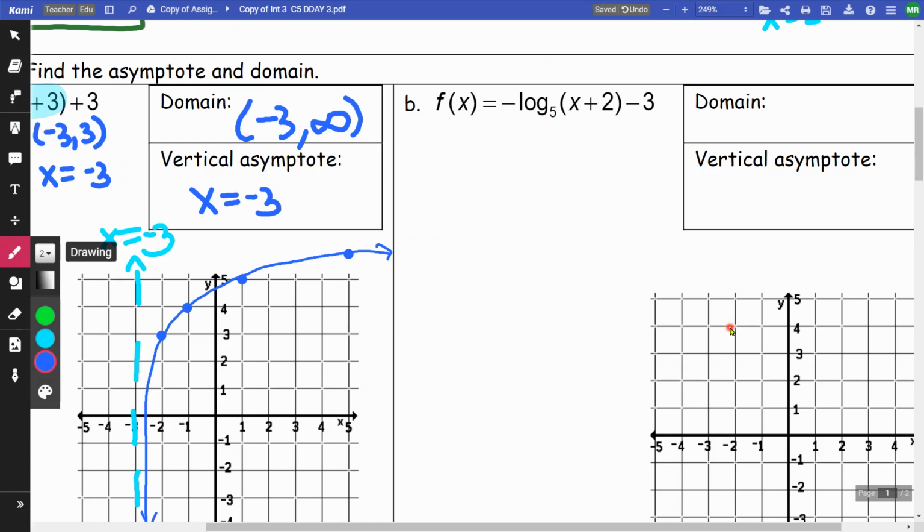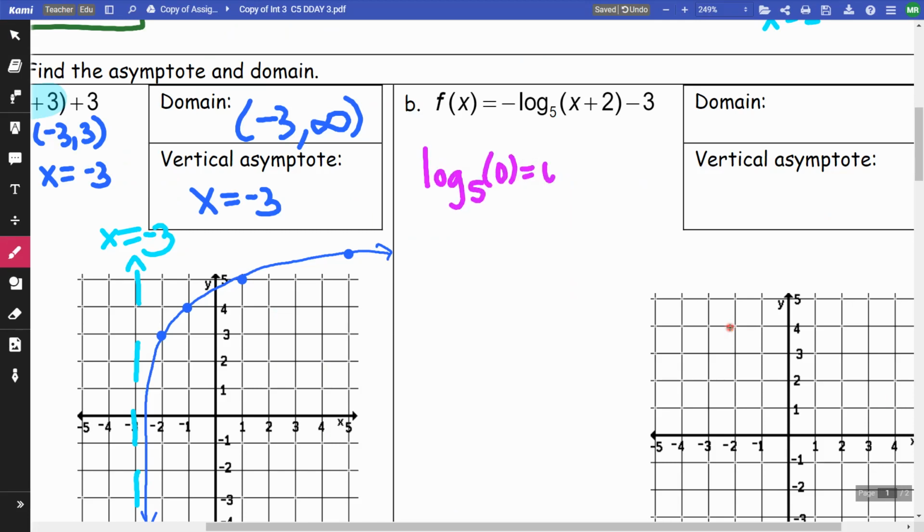So when I'm doing base 5, I am thinking that this is going to be log base 5 of 0, which is undefined. Log base 5 of 1, which is 0. Log base 5 of 5, which is 1. And the next nice one will be 25. So we're obviously not going to get there.